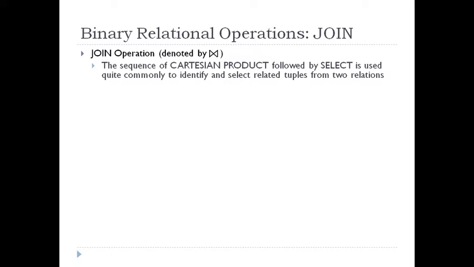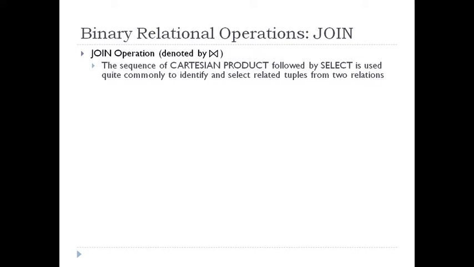Here you have to apply two relational operations. To get the correct result, first you have to apply the Cartesian product and then you have to take the select operation. If there is a way you can combine these two operations in a single relational operation, then it will be more beneficial.